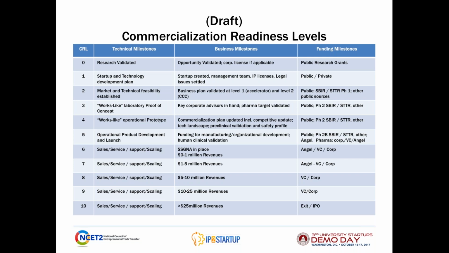If you're an angel that comes in on a company with $1 million or less of sales, then we would show you companies that are CRL 6. So that's how you would come in. If you do something at CRL level 5, which is like there's a product but it's before sales, then we would show you those kinds of companies in your technology area.